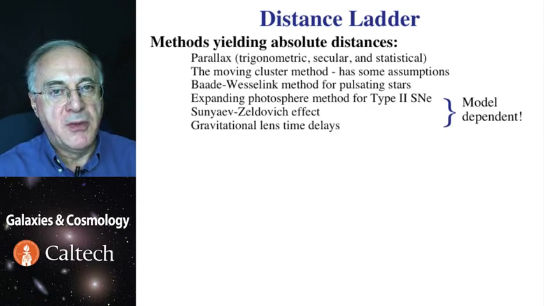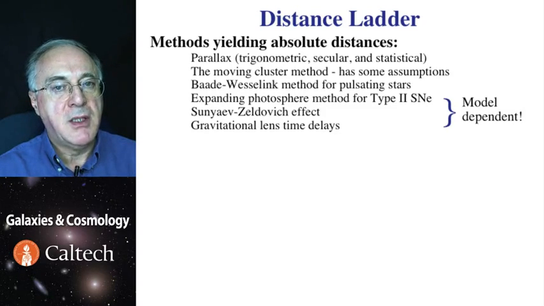Pushing further into the Hubble flow, there are two important methods. One is based on the so-called Sunyaev-Zeldovich effect, which measures distances to clusters of galaxies using observations of the cosmic microwave background and of the X-ray emission from clusters. We will talk about those in more detail. And the other one is using gravitational lens time delays. We will also address that one in due time.